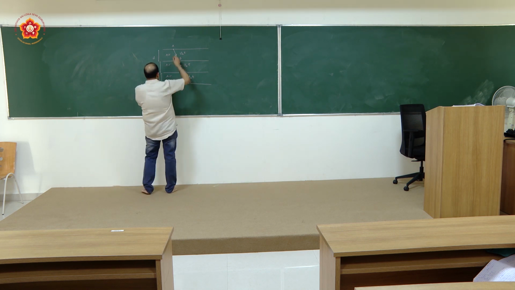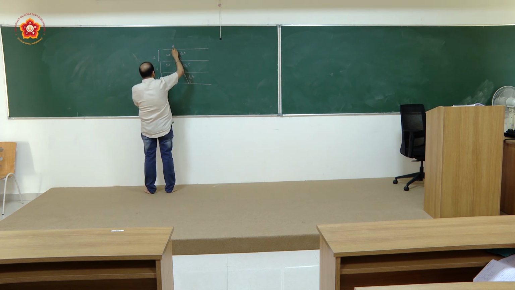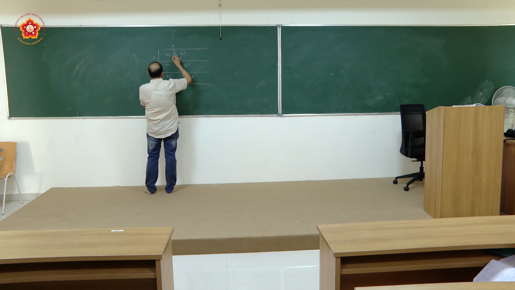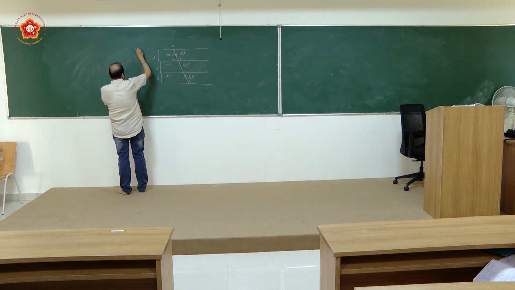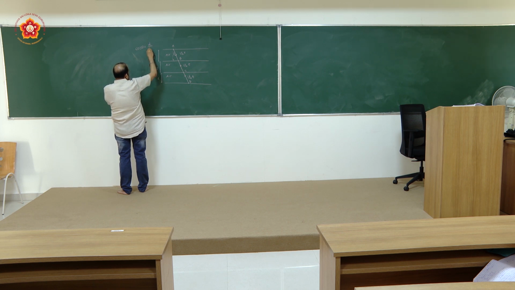So if you take this as the angle, a certain angle, I am taking it as theta, and I want to find out this particular side AB, then which formula will I use? I will use the formula cos theta is equal to thickness D upon AB. Am I right? So the distance AB will be equal to D upon cos theta.